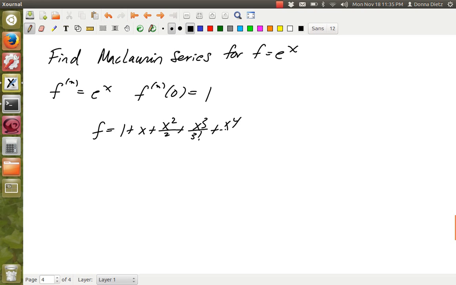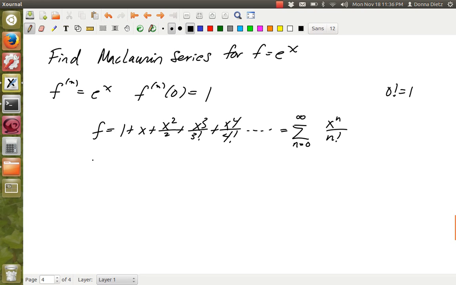You just run this formula and no big deal, right? The sum from n equals 0 to infinity of x to the n over n factorial. But don't worry, you're not dividing by 0 because 0 factorial is equal to 1, so you are safe. You can totally do that.